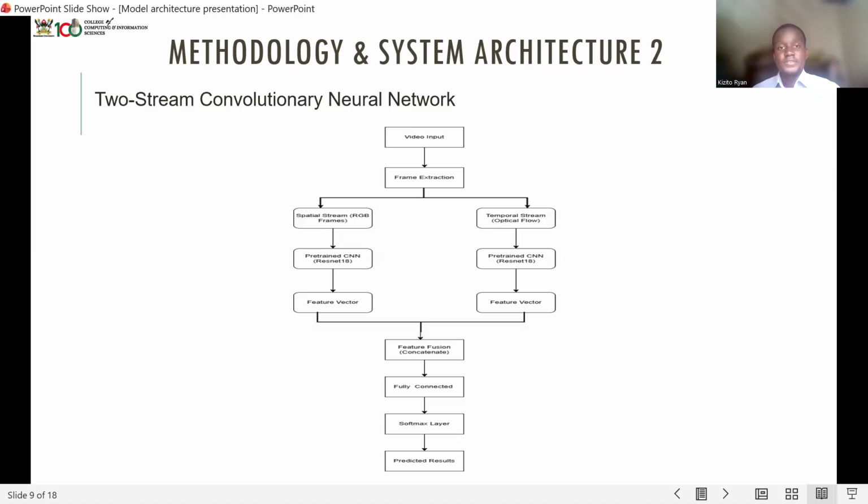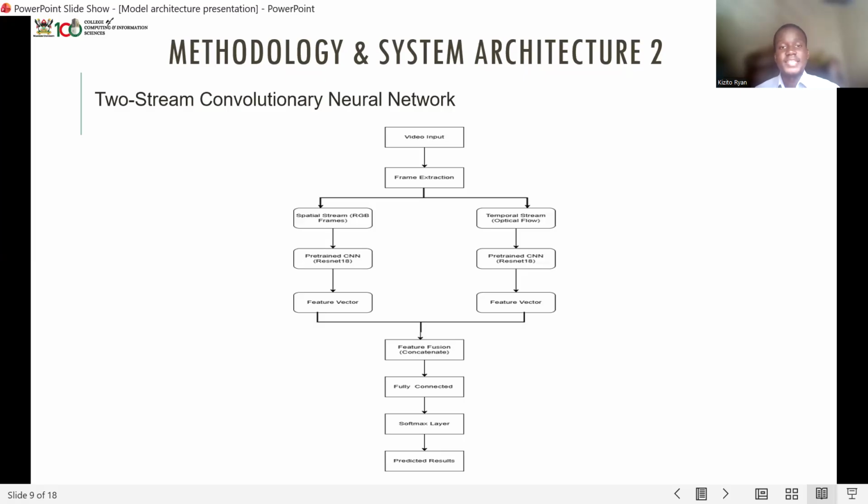After frame extraction, it splits into two streams. The spatial stream will process specifically the RGB frames, and the purpose of this is to identify objects and scene appearances, for example cars, people, doors, or buildings.